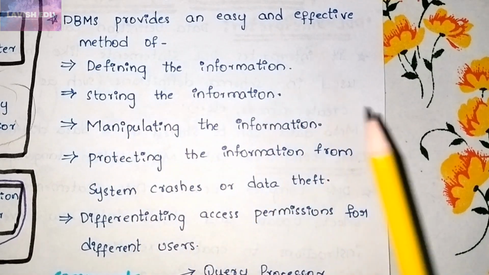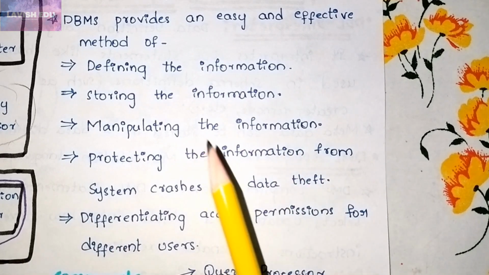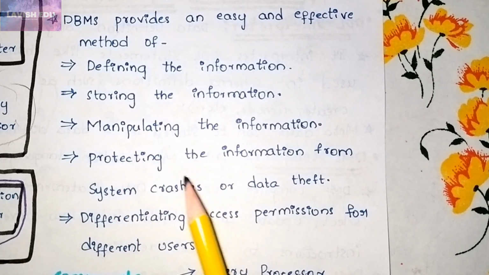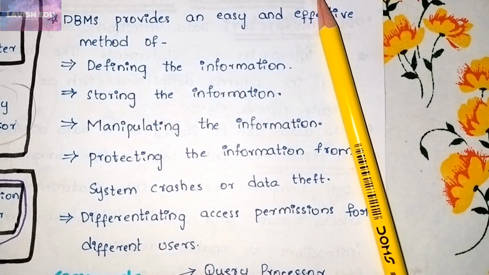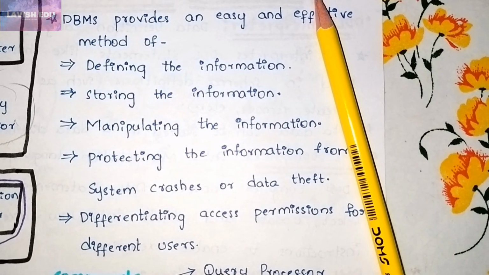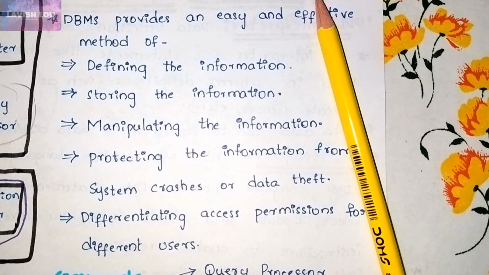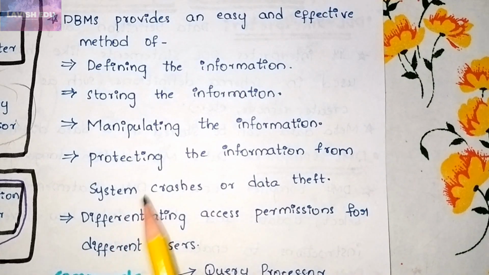That is, DBMS is very helpful in defining the data, and we can easily store our data in the form of a primary key or indexing. Manipulating, in the sense of changing or updating the information, is easy, and for protecting the information, there is a lot of security in the DBMS.